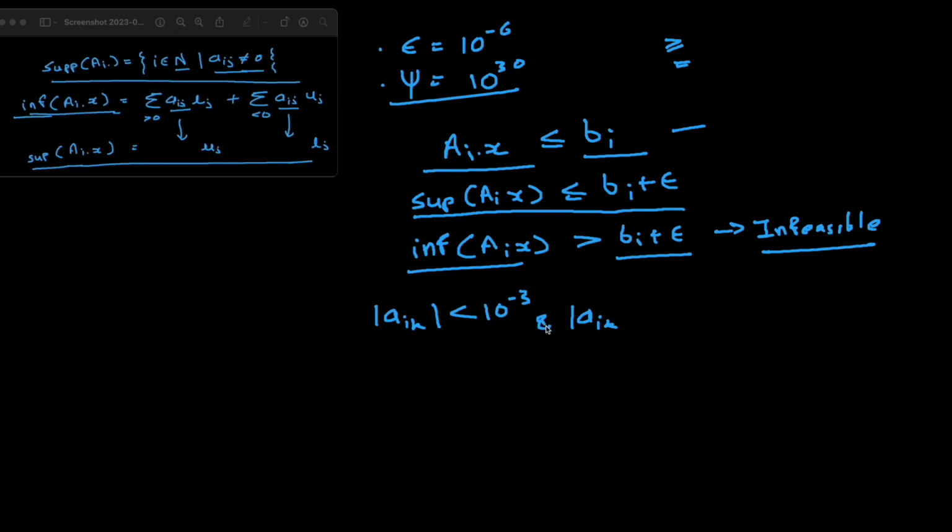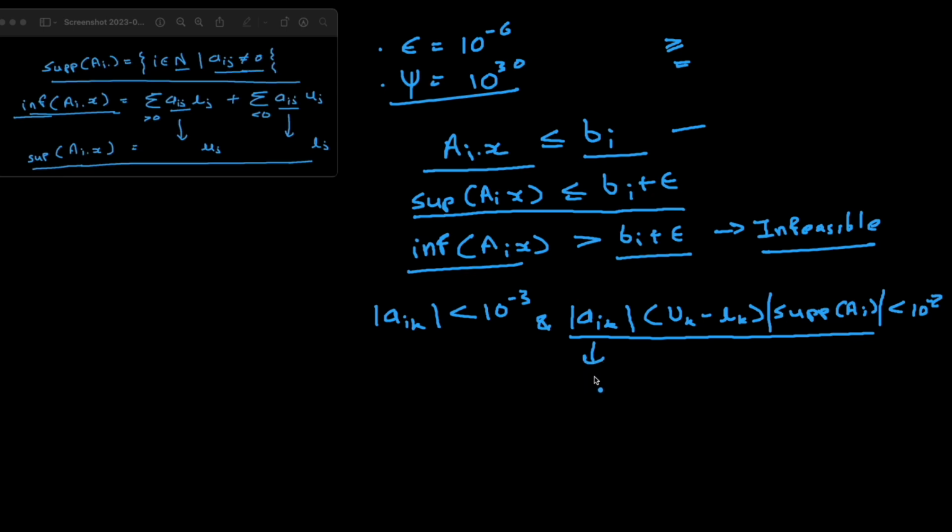The coefficient times its activity for that variable, so the upper bound minus the lower bound for that variable, times the size of the support, the number of all non-zeros in this row, if this entire quantity is less than 10 raised to minus 2, then we can set this coefficient to 0.